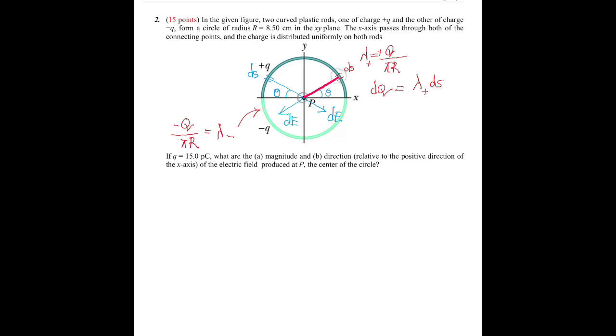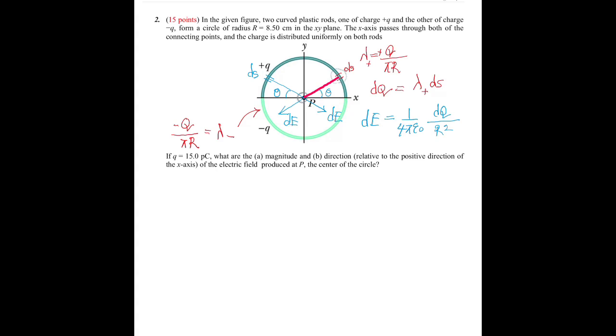The magnitude of these two electric fields are the same, the same amount of charge, same separation from the observation point. How do we write the electric field dE? dE is 1 over 4 pi epsilon naught, that is the electric constant, times the charge dq, divided by separation r, r is a radius, r squared.